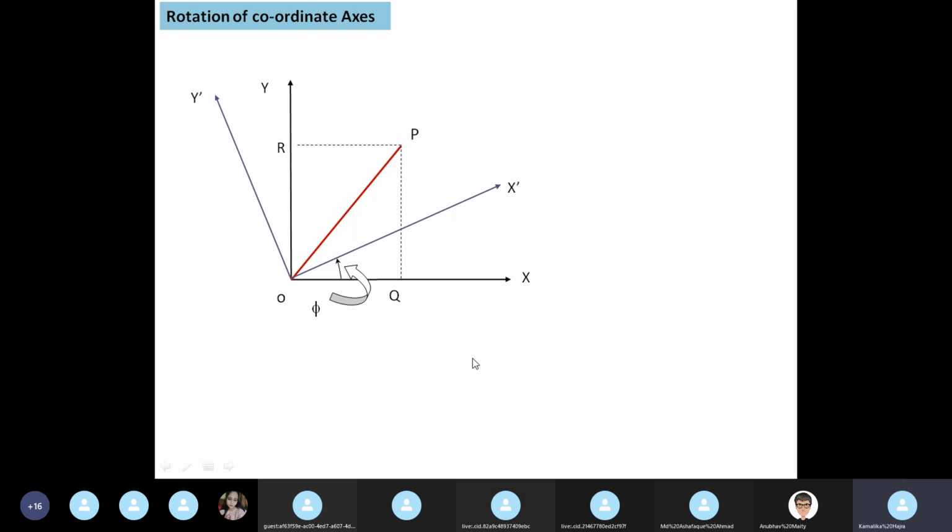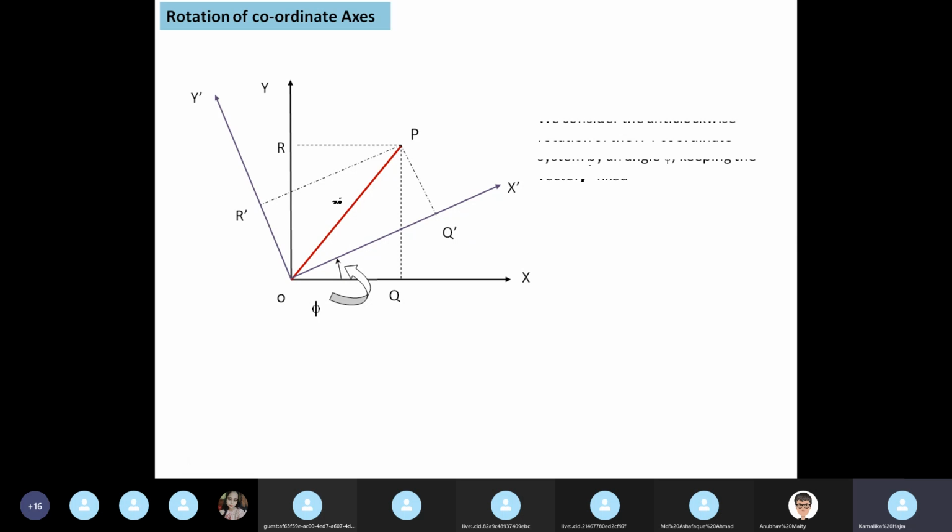I only rotate the coordinate axis. So now when I draw perpendiculars from P onto the coordinate axis, the new perpendiculars become PQ prime and PR prime. So the new components become OQ prime and OR prime.